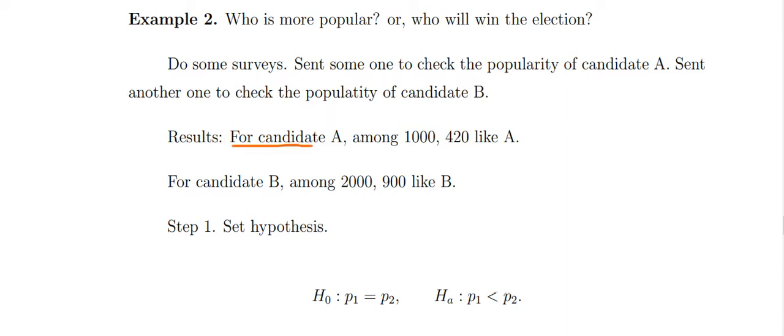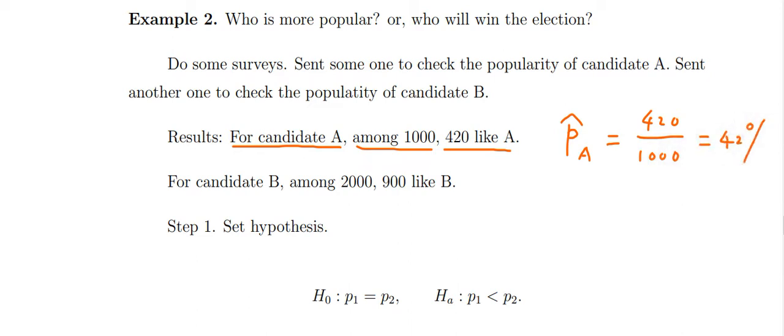For candidate A, we check among 1,000 voters, and we find 420 will vote for him, or 420 like this guy. So the percentage, or proportion, for candidate A is 42%. For B, P hat means sample percentage, right?